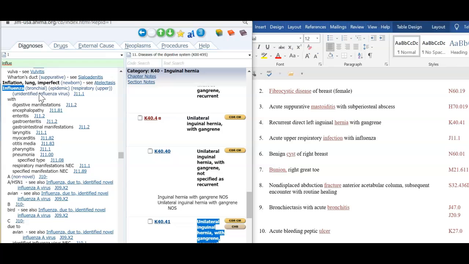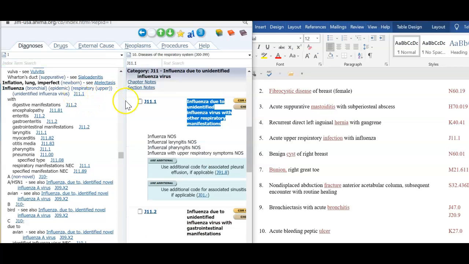We have influenza, respiratory, we have upper. Okay, so with this, we want to go down to respiratory manifestations, or we just go right here with the J11.1. So we don't have anything that states acute or chronic, so we're going to go with just the J11.1.